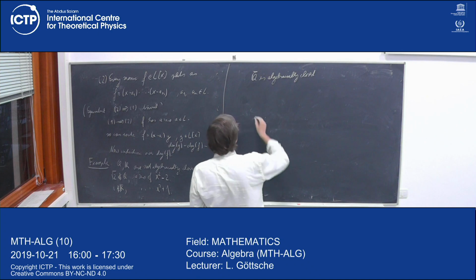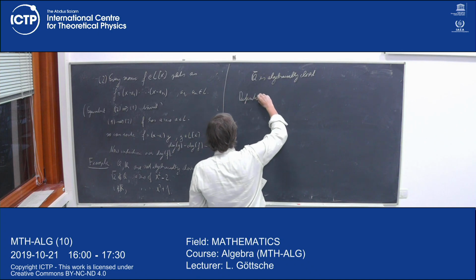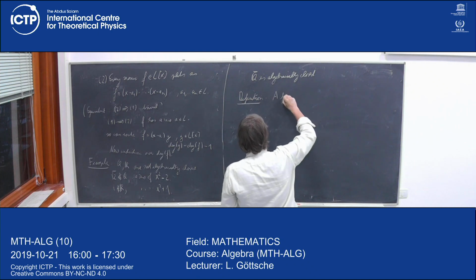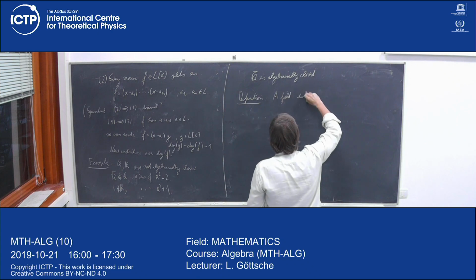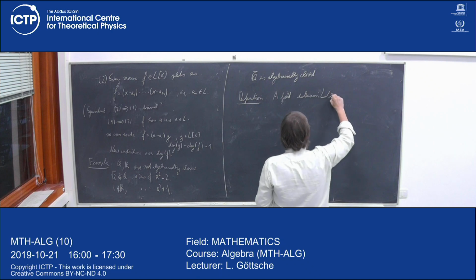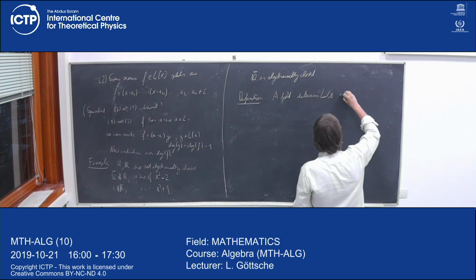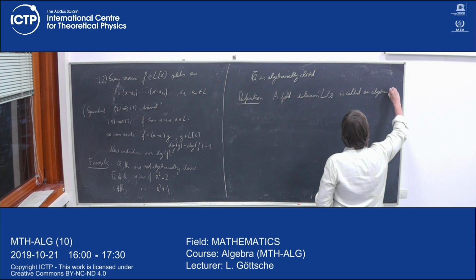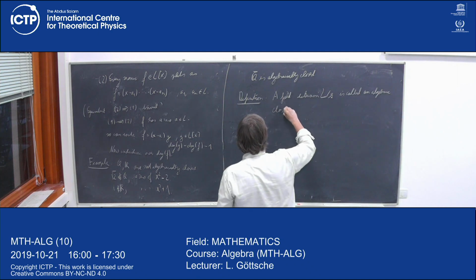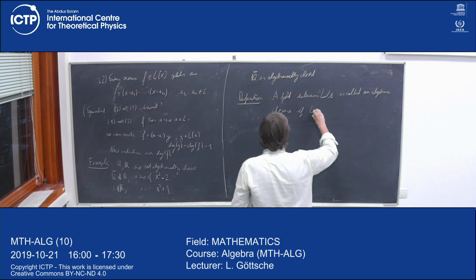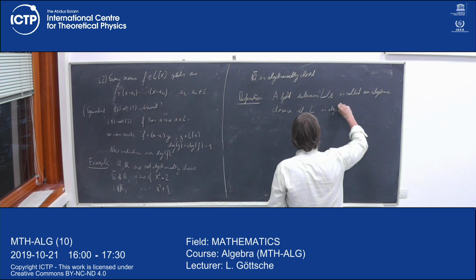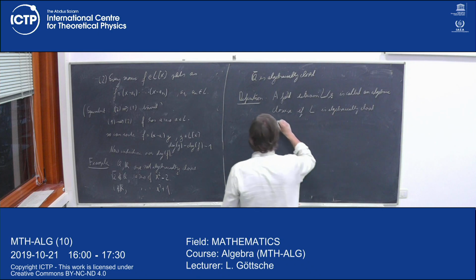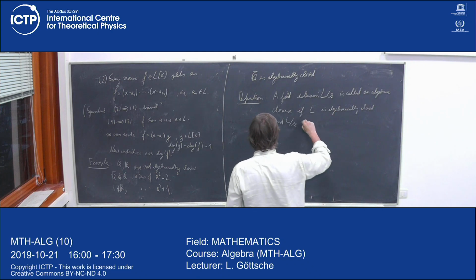So, definition: a field extension L over K is called an algebraic closure if L is algebraically closed and the extension L over K is algebraic.